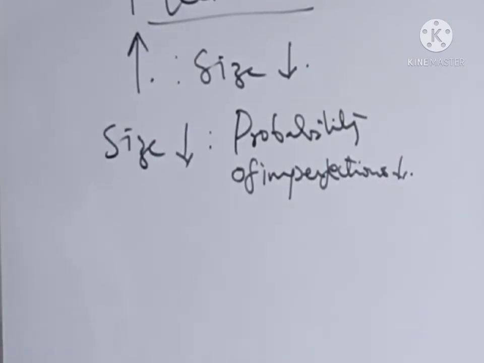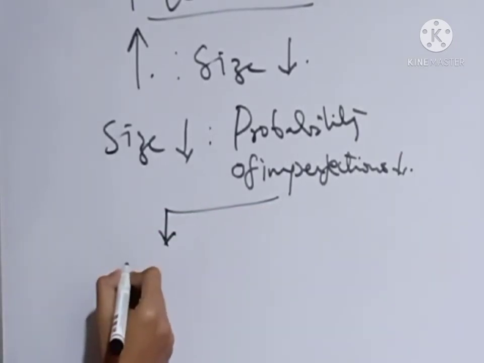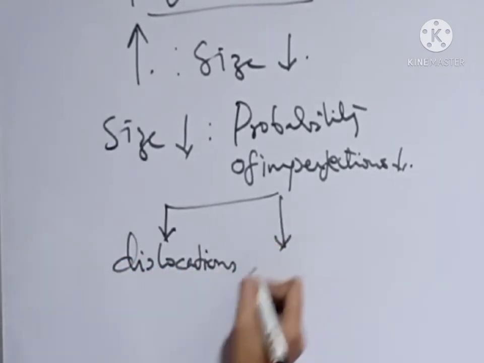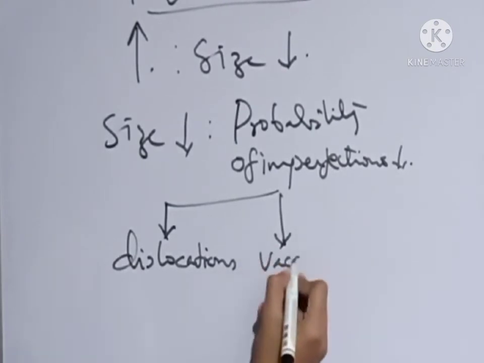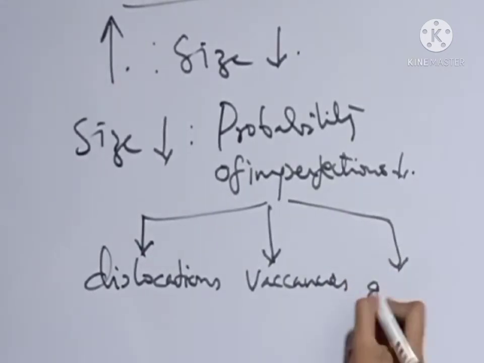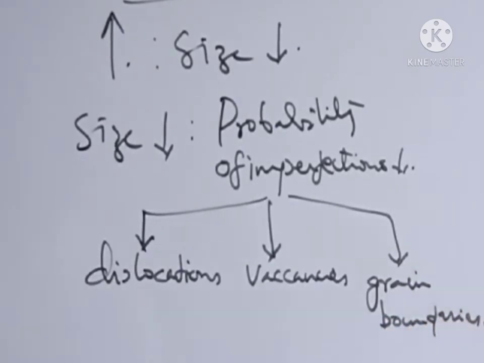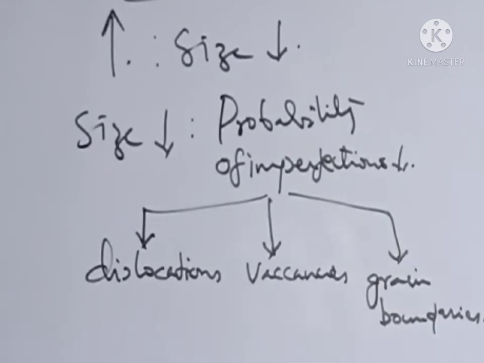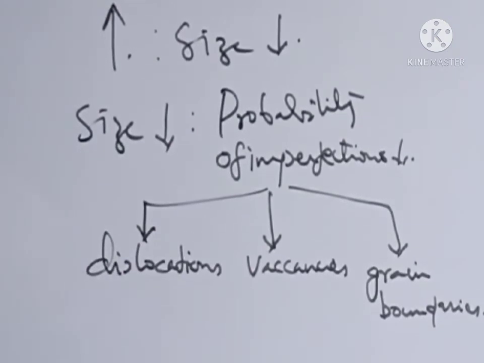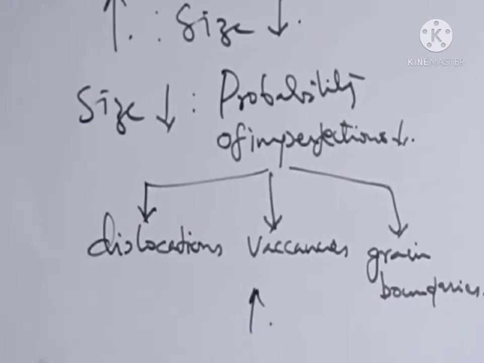Imperfections may be dislocations, vacancies, grain boundaries, etc. When these imperfections decrease, the strength also increases, that is, the nanomaterial strength also increases.